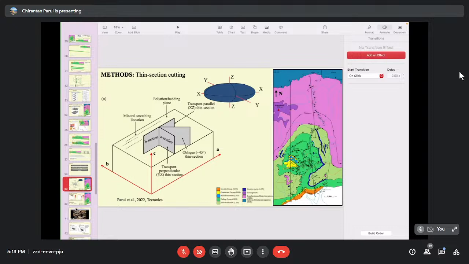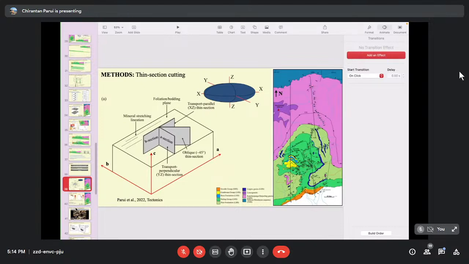So I took the shortening estimates within the THS rocks from a study close to this transect by Rashbaker et al. 1992. So I only constructed the balanced cross section from the frontalmost thrust to the GHS.